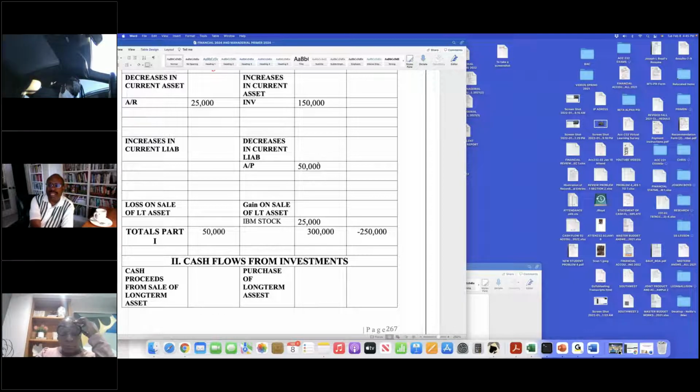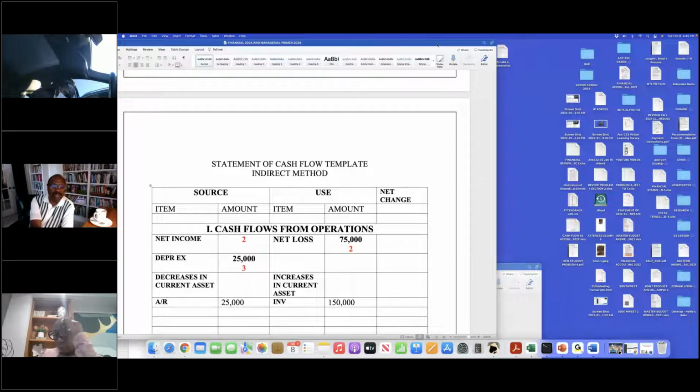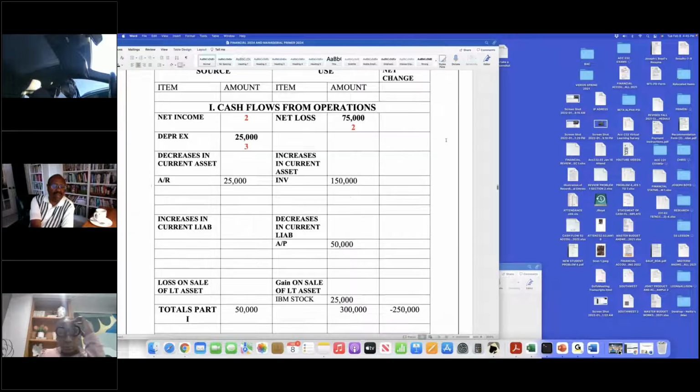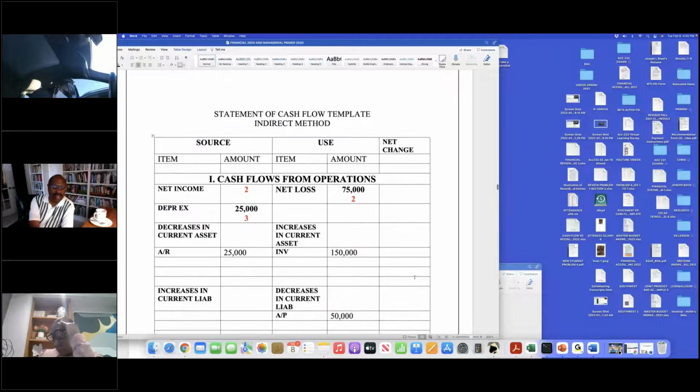So everybody, you got problem 1, 2, 3, 4, 5. Everybody is to go to the problem assigned and do items 1, the change in cash, 2, the net income or loss, 3, the depreciation, and 4, the dividend.